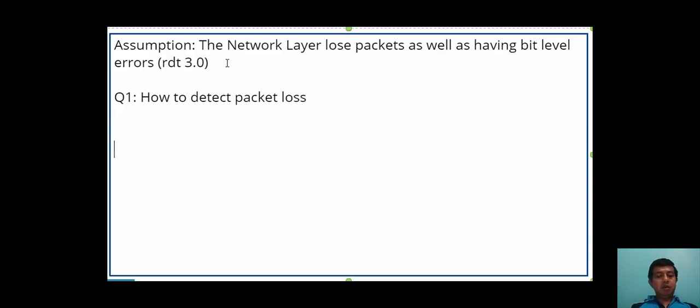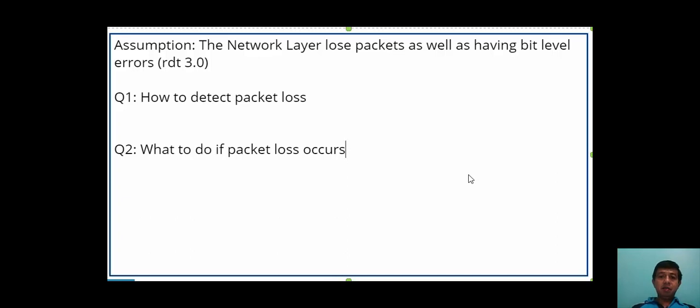And the second question is what to do if packet loss occurs. These two things are to be handled by a protocol. How to detect errors, we have already seen: errors were detected using checksum. Today we'll see how to detect packet loss and what to do if such a packet loss occurs.